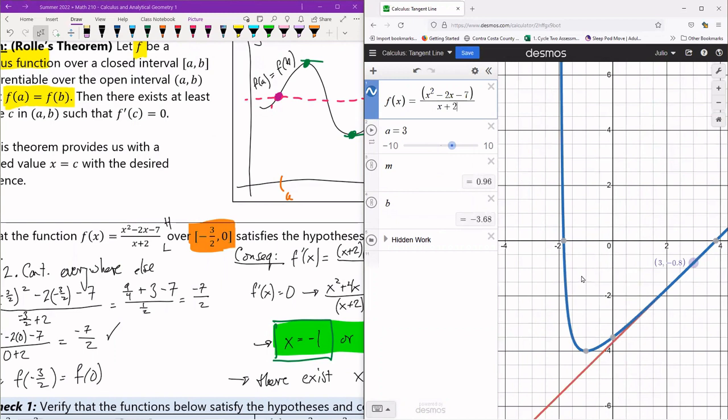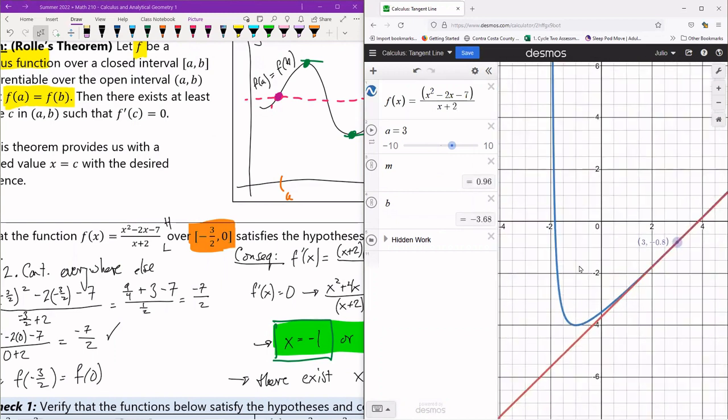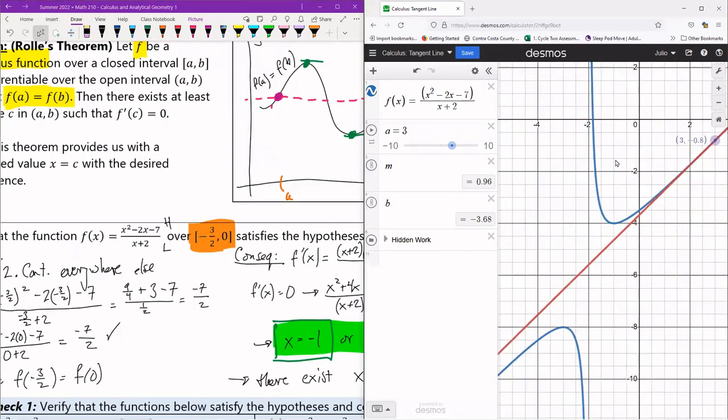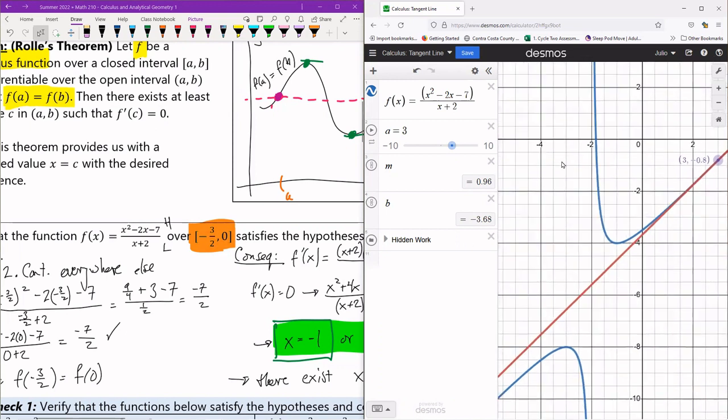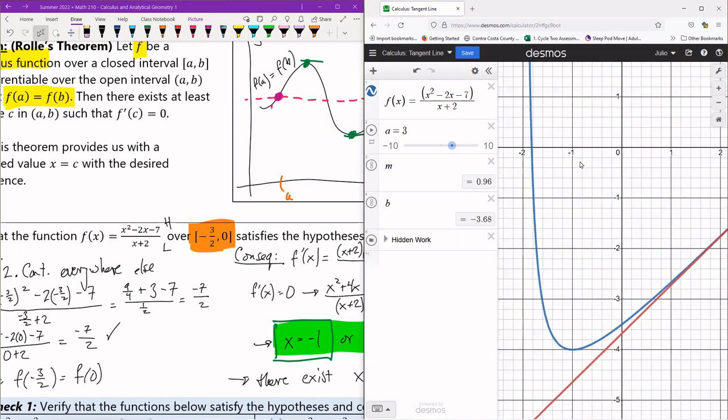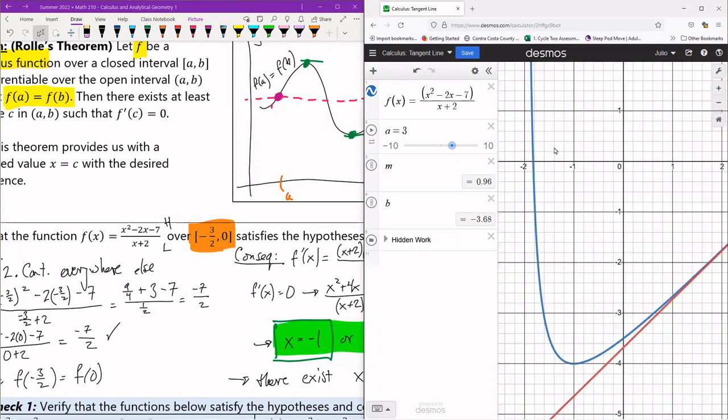So here it is. Here's our function. It's a little double swoosh. Between -3/2 and 0, that's about between maybe right here? No, sorry. About -0.5, about right here to 0.